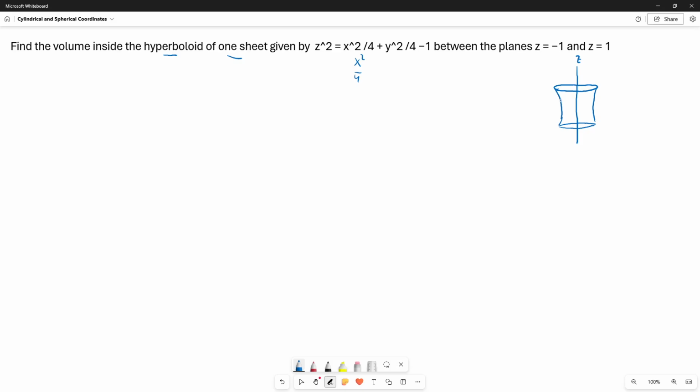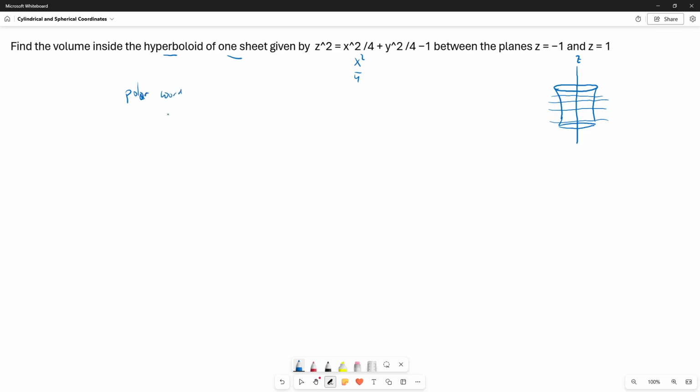And the cross sections that are parallel to the xy plane will be circles. So this is a situation where we might want to use some kind of polar coordinates.